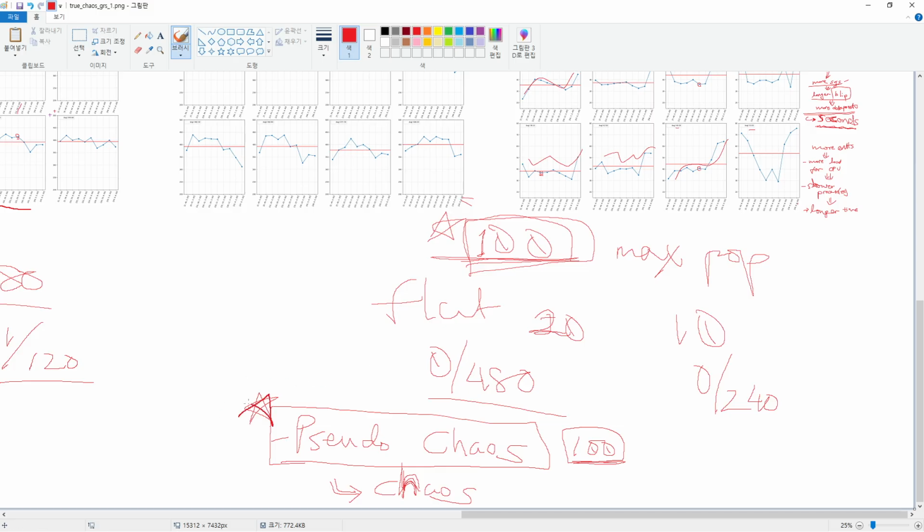To do this, the pseudo chaos, with 100 entities max, and try to find out the chances of me achieving true ceilings.